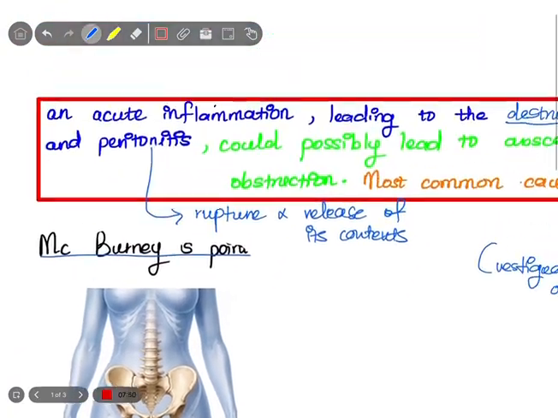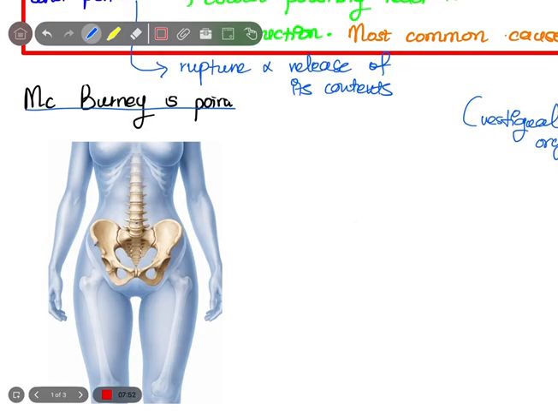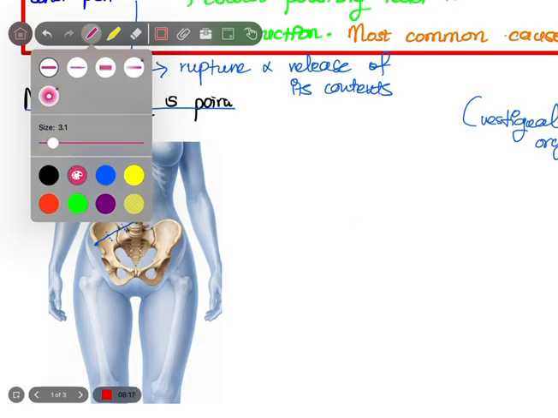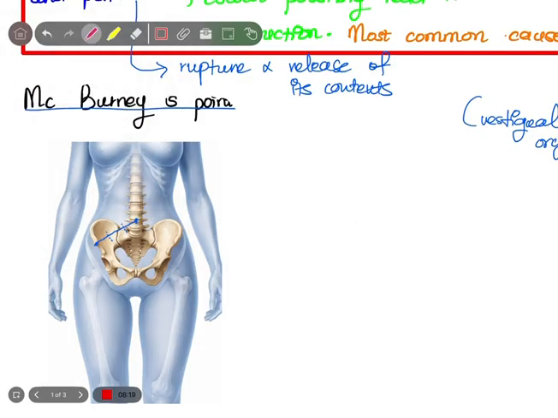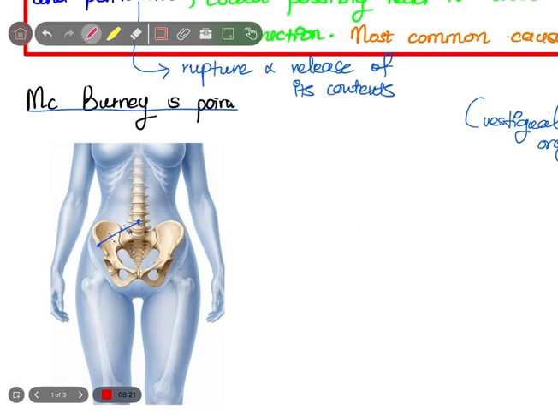If we are to draw a point from the anterior iliac spine and another point at the umbilicus and join them, divide them into 3 equal parts. Now we're going to have this point.